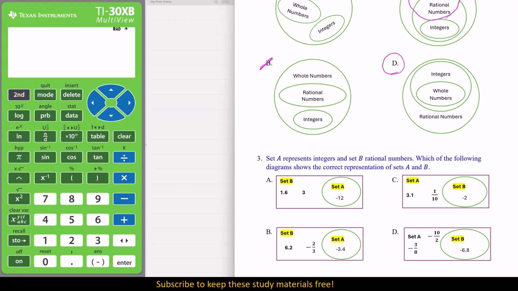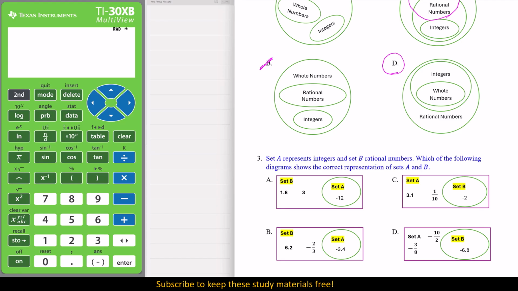Let A represent integers, and set B rational numbers. Which of the following diagrams shows the correct representation of sets A and B? First, we need to analyze here.